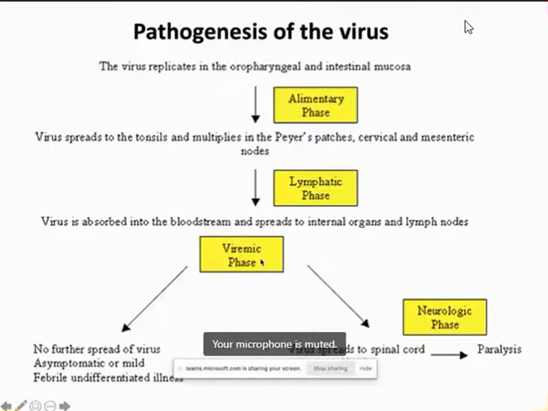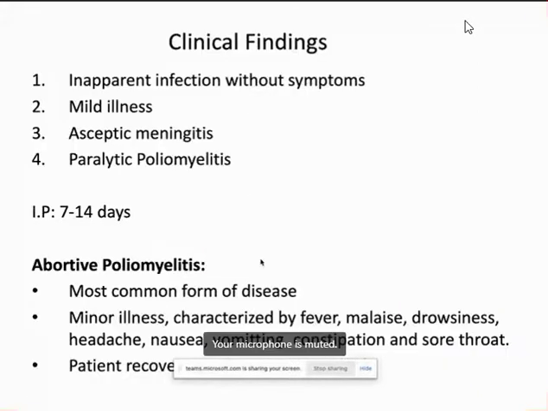See here, apparent infection without symptoms means the patient will have the infection but not any kind of symptoms. That means in the viremic phase they do not further multiply, and the infection subsides. Or sometimes the patient might have mild illness also. Okay, and these two clinical findings are not important. The important one is this, because these may progress to these conditions.